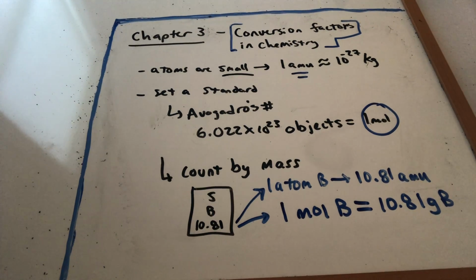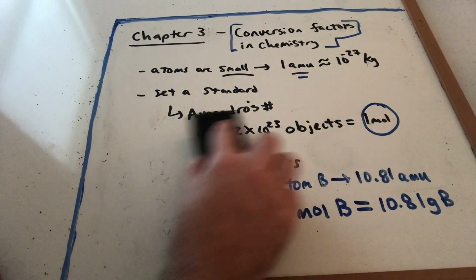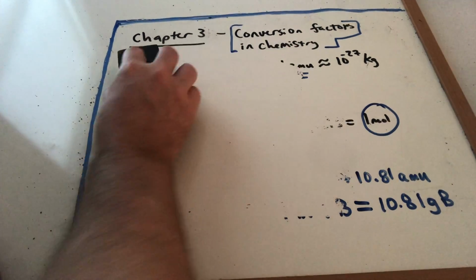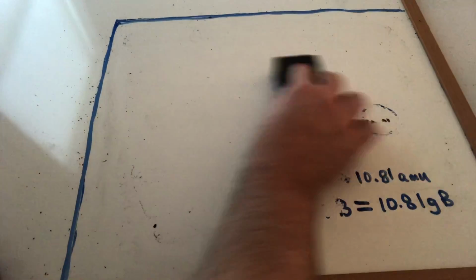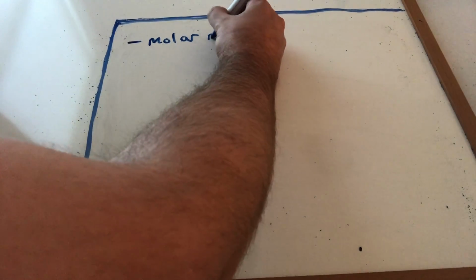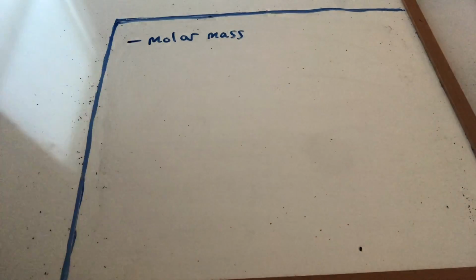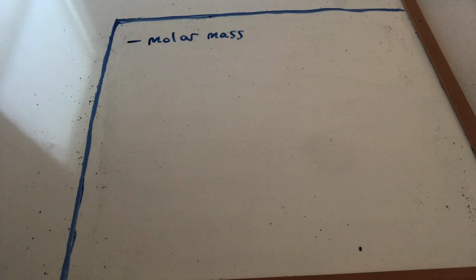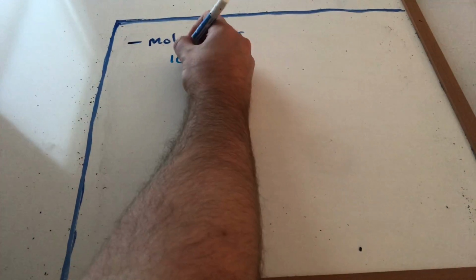Molar mass. So on the periodic table, you don't just see that number with a decimal point for an element as an atomic mass, it's also a molar mass. And if you look at how I wrote that molar mass down, I wrote it like an equality. And we know that equalities are conversion factors.